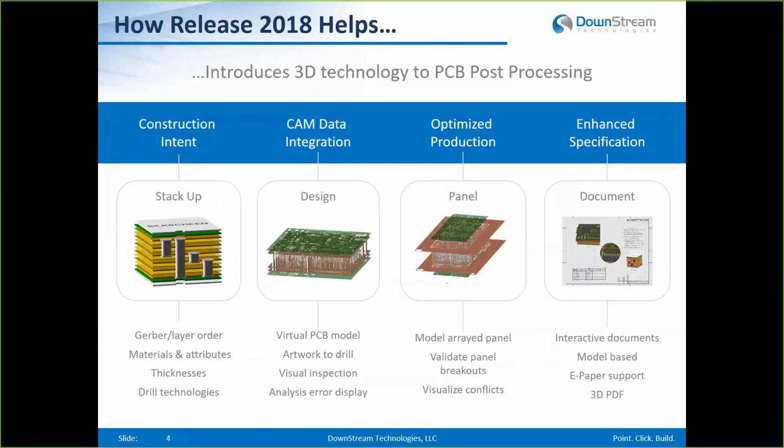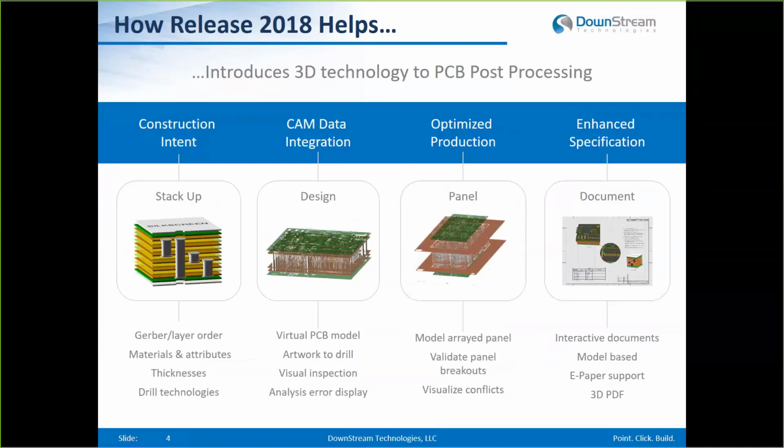So if you look at it on the CAM side, you've got the Stackup information, which can be loaded up and modified and actually exported. We can look at the PCB in a 3D mode, again, whether it starts with intelligent data or whether it starts with a Gerber and NC.